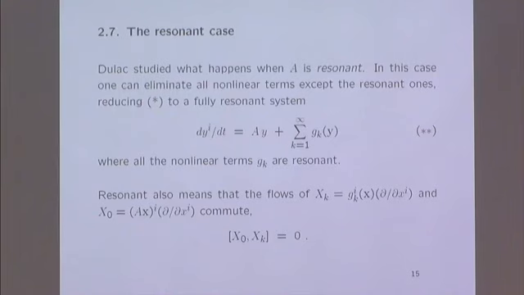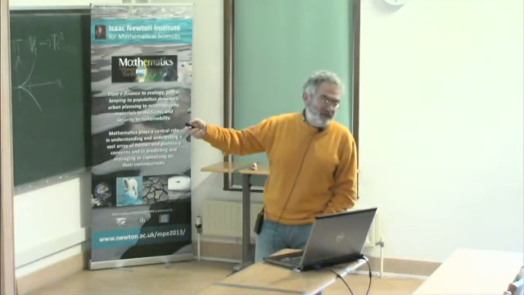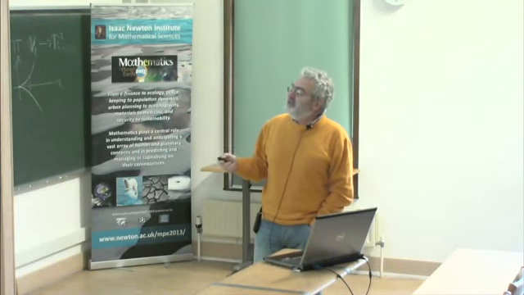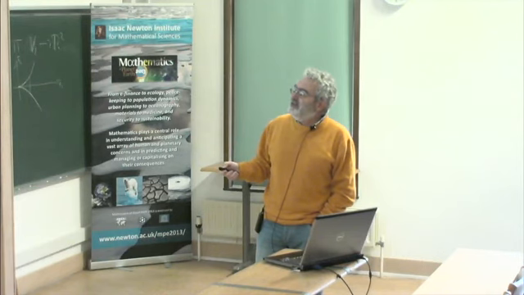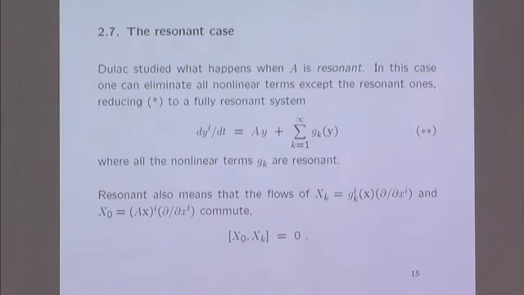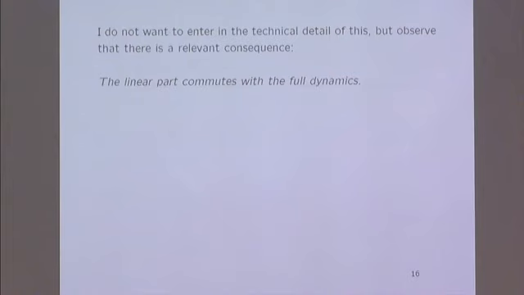So you remain with something which has nonlinear terms, but all these nonlinear terms are resonant, so are in this function space. And resonant, by the way, means that the flow generated by these things and the linear things commute. So this means that the linear part commutes with the full dynamics.